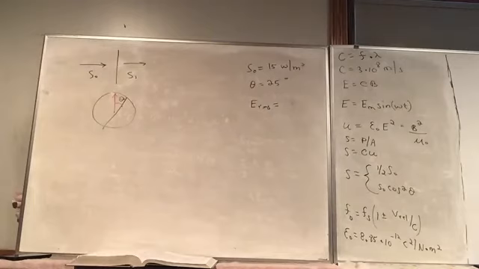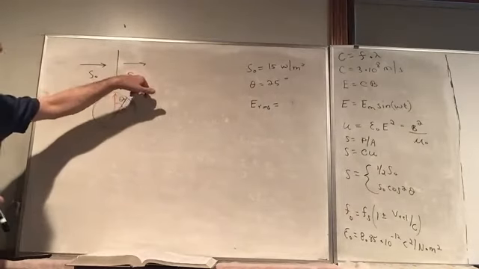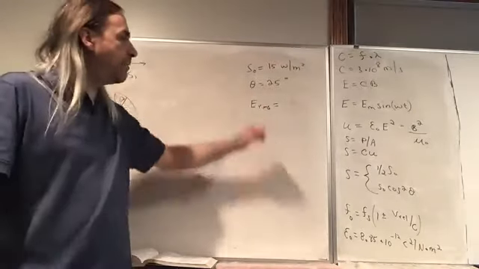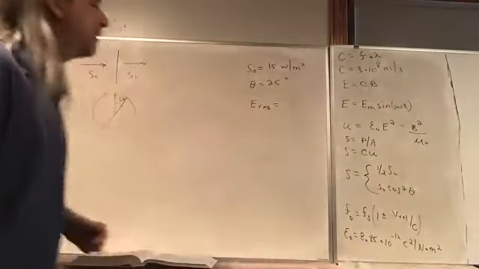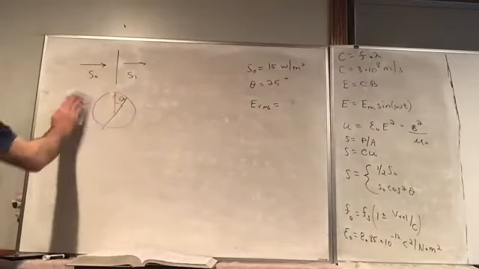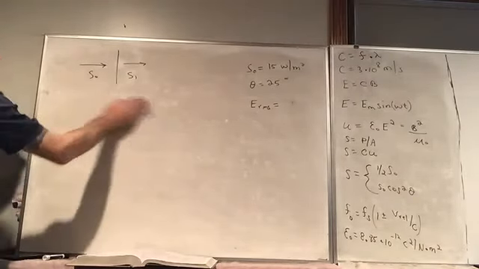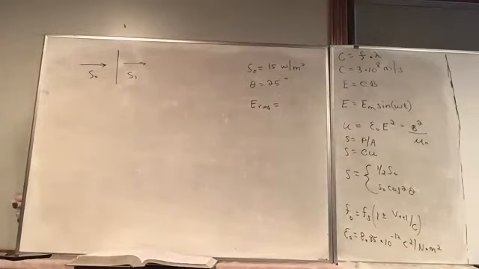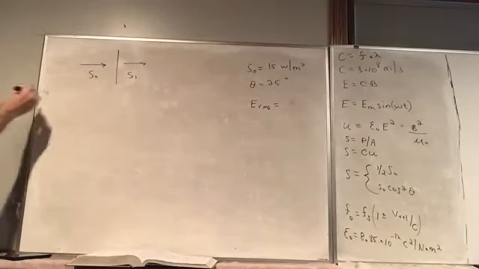So we have to do two things. First, we have to find the intensity of the light on the other side of the polarizer. And then like we did before, we'll use that to get the RMS value of the electric field. But I'm going to erase that picture just so we have room. Let's find S1.